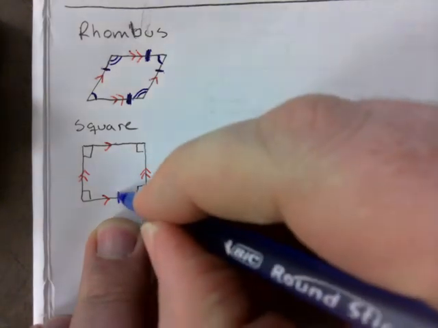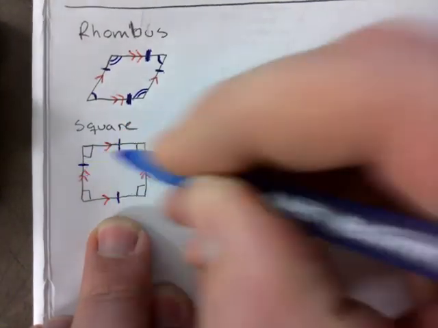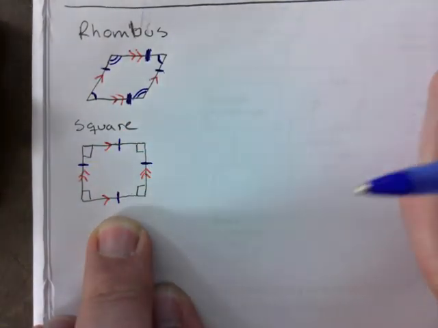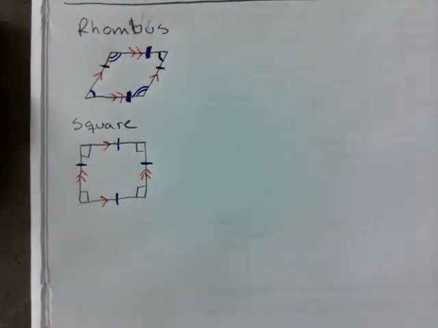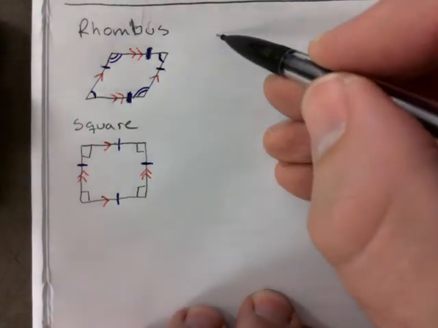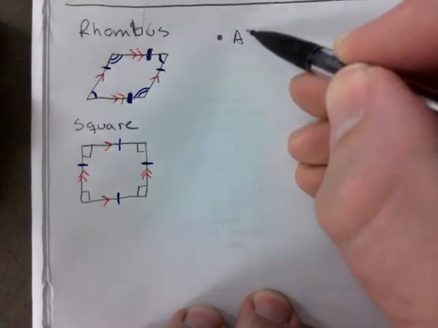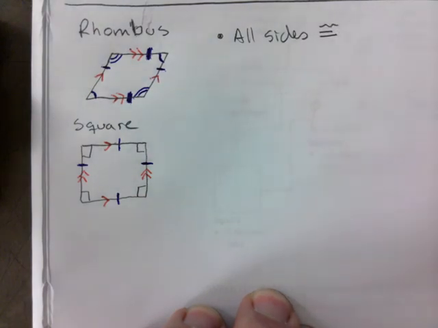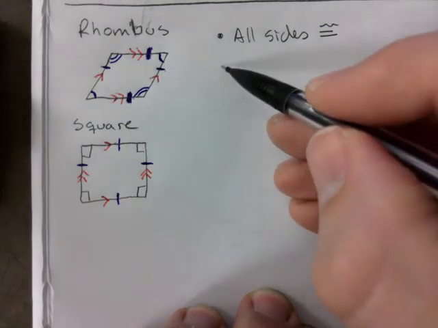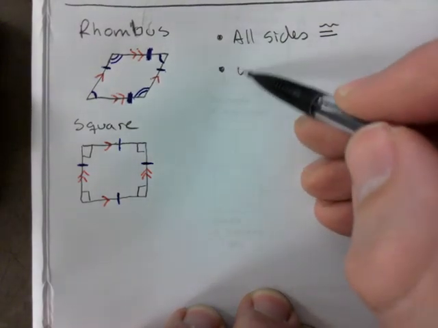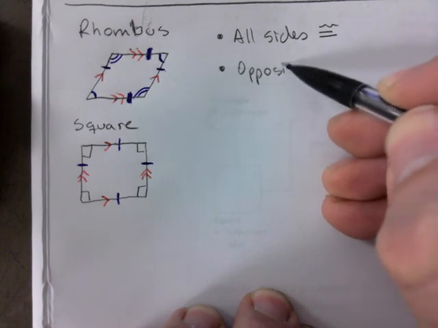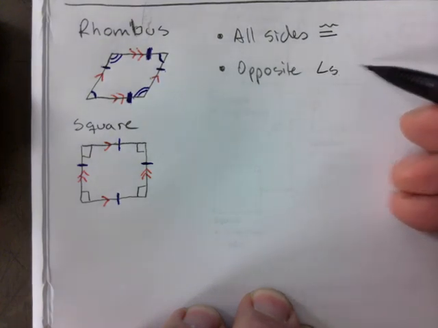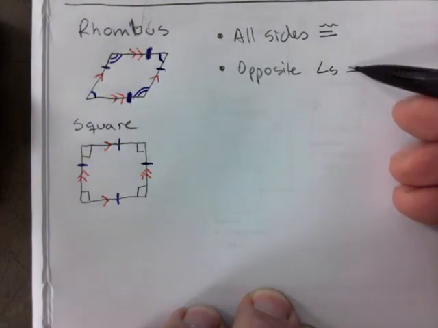And you can say that all 4 sides measure the same. And now we can write down the properties. Right here, all sides are congruent. Okay, and then opposite angles are congruent.